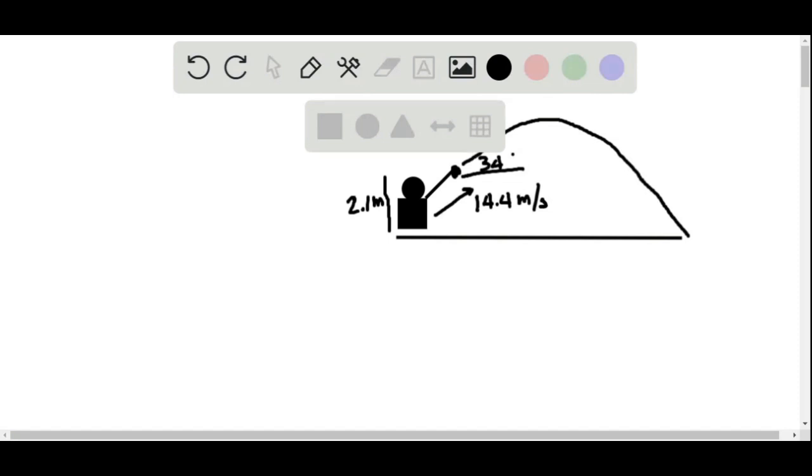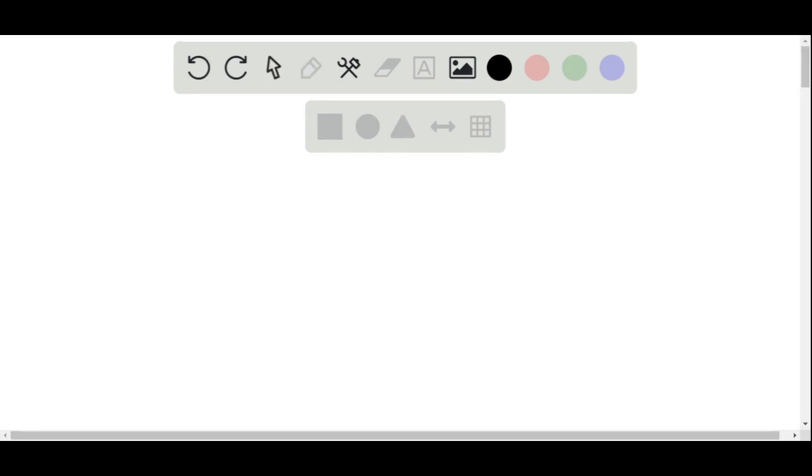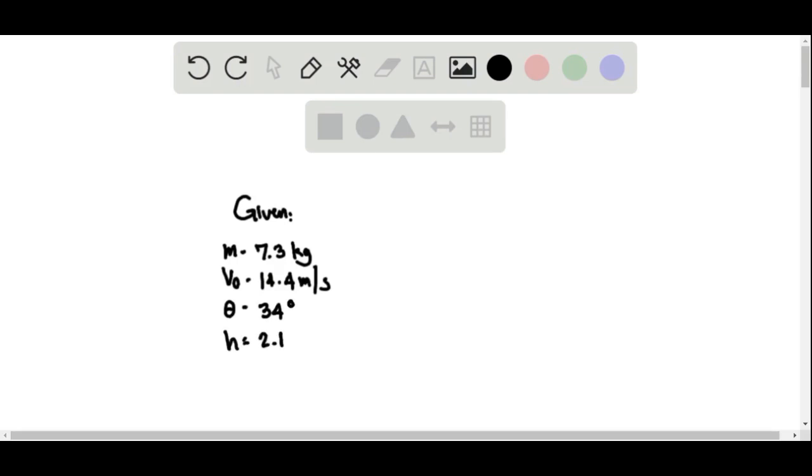Okay. Now, if I write this down, our givens are: mass of about 7.3 kilograms, initial velocity of about 14.4 meters per second, angle theta of 34 degrees, and height of about 2.1 meters.